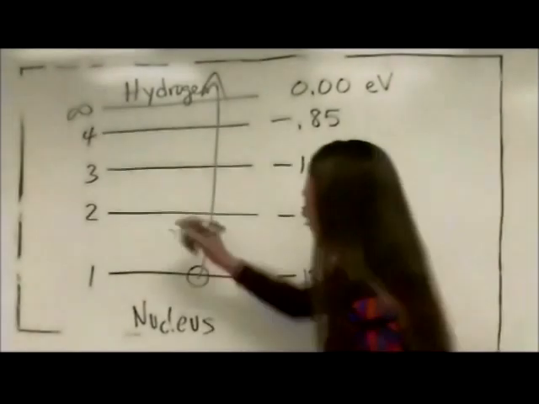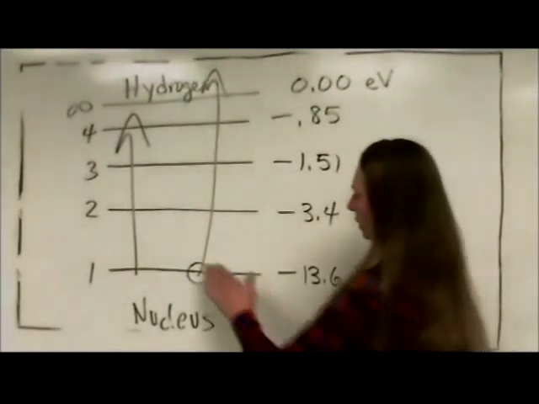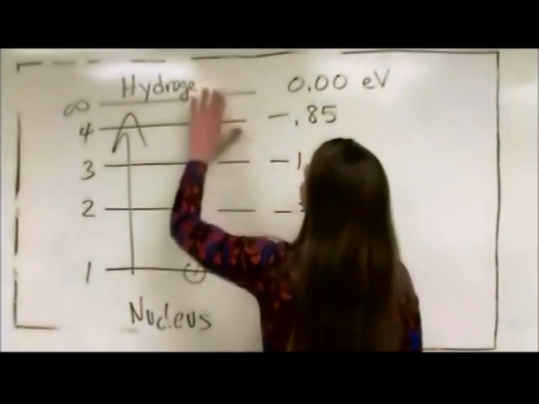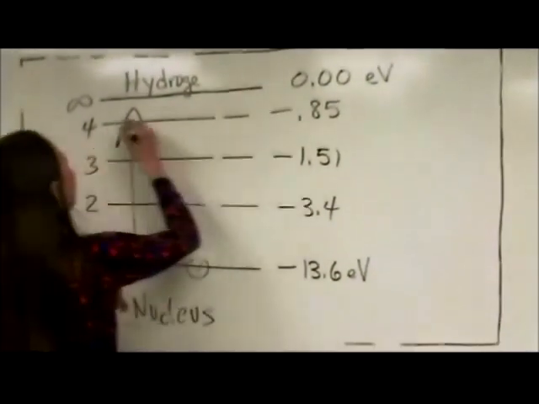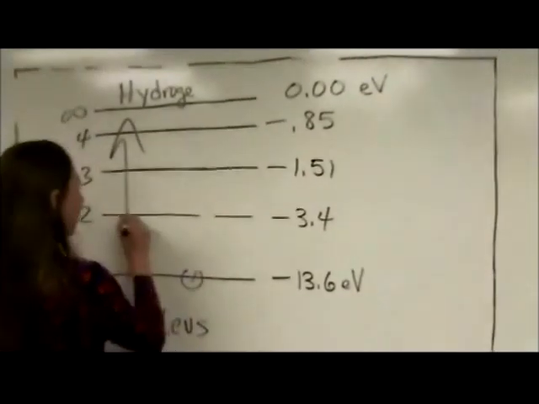Now, this direction is absorbing energy. The types of energy that can be absorbed by atoms are heat, electricity, and photons of light.